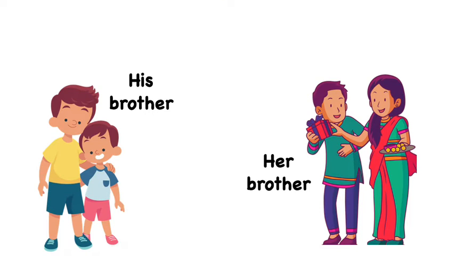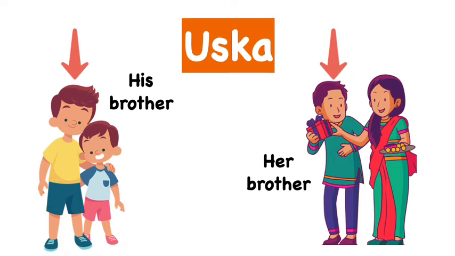So again, looking at these two next to each other, his brother and her brother, even though one is his brother and the other is her brother, the way to say both of them is uska because brother is a pull noun. And when it's a pull noun, we use the pull version of the possessive pronoun, which is uska.